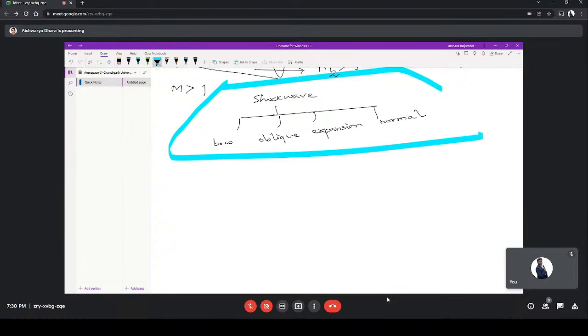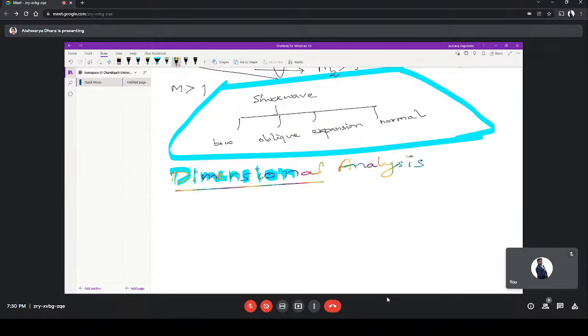Now, first, let us complete our basics, that is dimensional analysis. This is again another very scoring and very important topic as far as the GATE question is concerned.